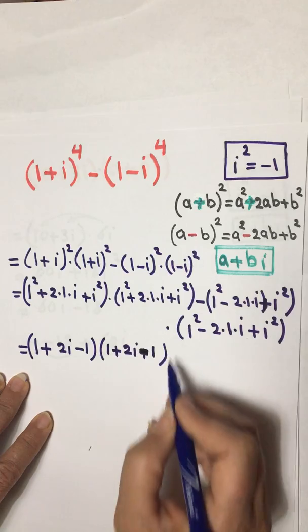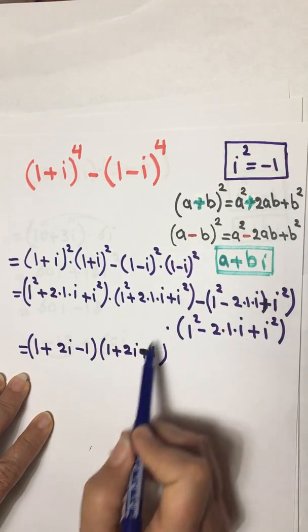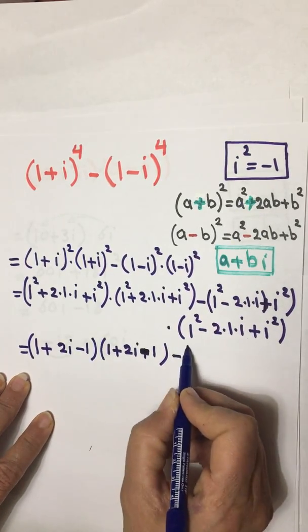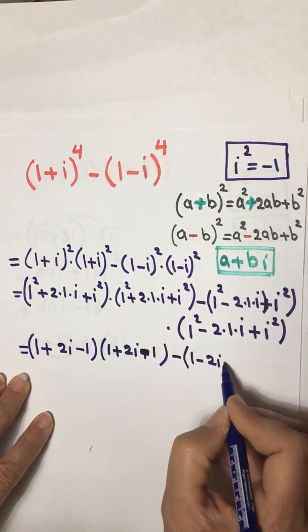We have to be careful about I squared. لازم ندير بالنا ب I squared إنه ما نغلط بالإشارة. I squared هي ناقص 1 تتحول إلى ناقص 1.